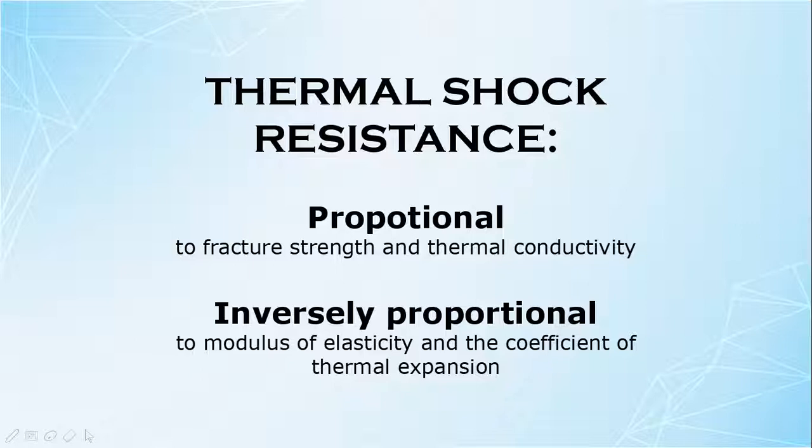Thermal shock resistance is the capacity of a material to withstand thermal shock. It is proportional to the fracture strength and thermal conductivity, and is inversely proportional to both the modulus of elasticity and the coefficient of thermal expansion.